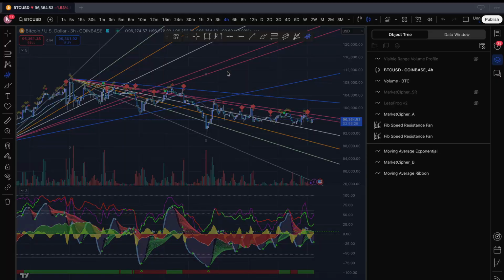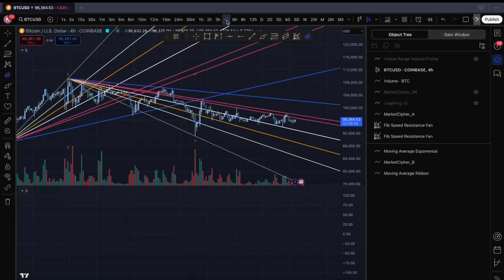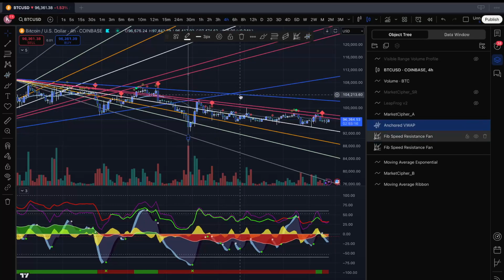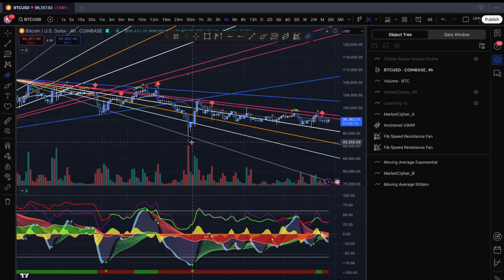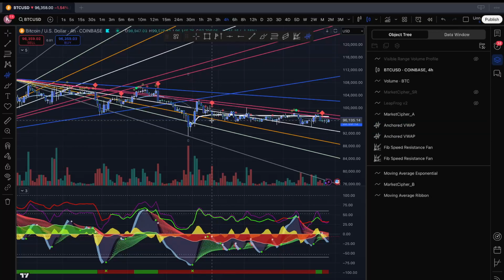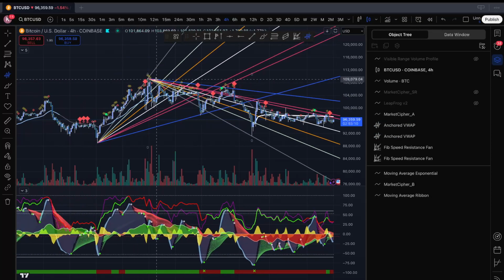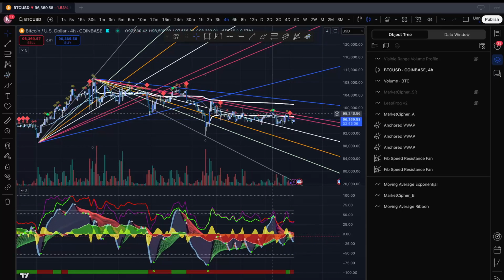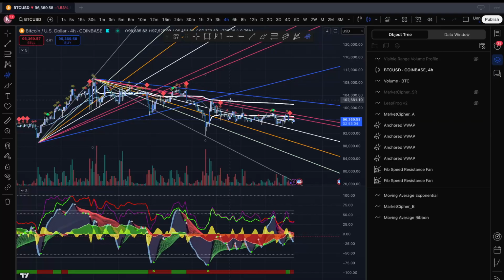So say we're on this 4 hour right over here, one second. I would be doing it from, say, this low right over here, this low, maybe this high over there, a little bit more local.